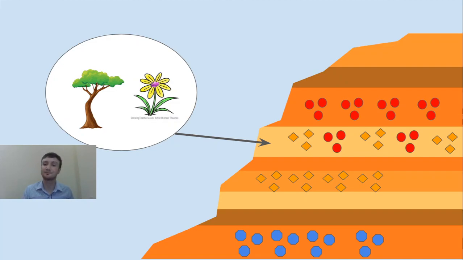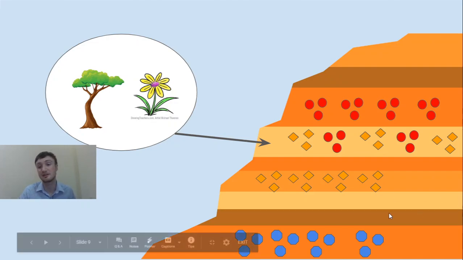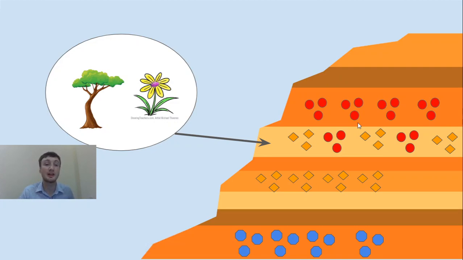You can say, there must have been a lot of yellow flowers and trees when this layer got put down. So it's very useful for learning about what the environment must have been like a long time ago, because we can look at the rock layer and see what plants were growing at that time.